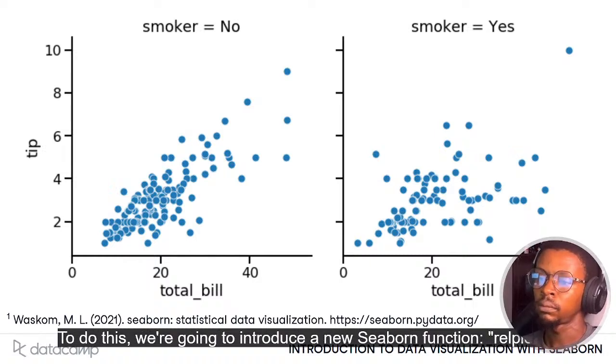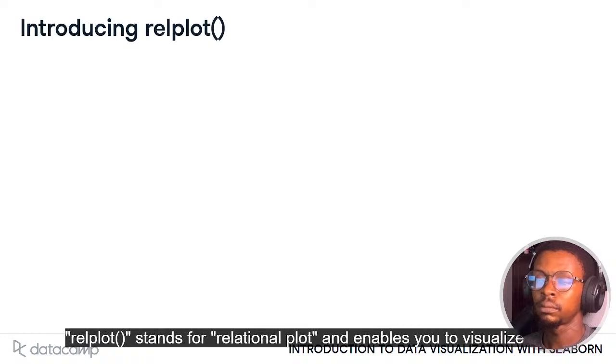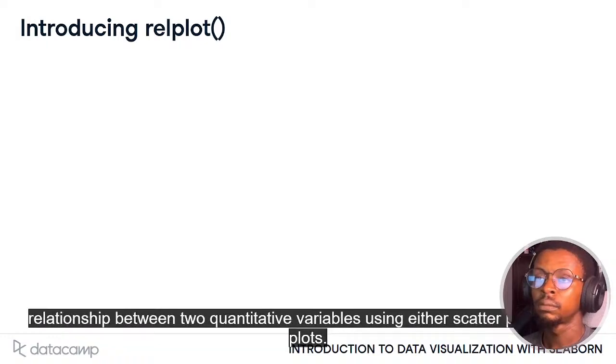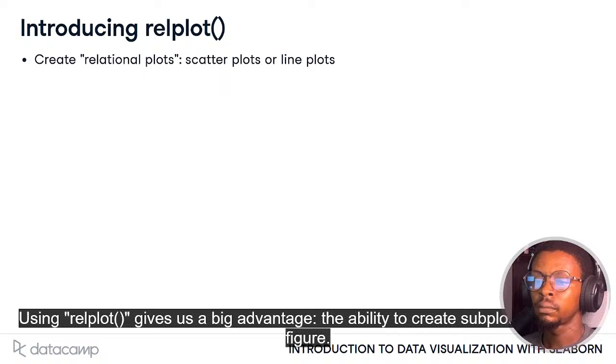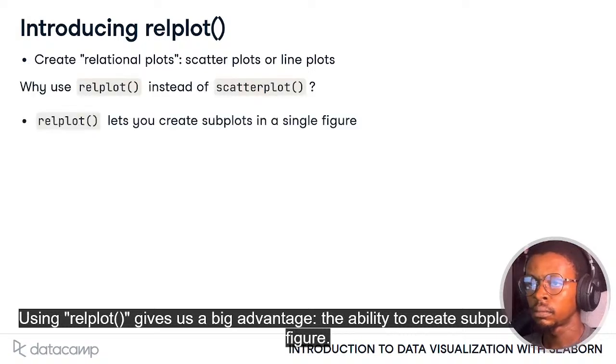To do this, we're going to introduce a new Seaborn function, relplot. Relplot stands for relational plot and enables you to visualize the relationship between two quantitative variables using either scatter plots or line plots. You've already seen scatter plots, and you'll learn about line plots later in this chapter. Using relplot gives us a big advantage: the ability to create subplots in a single figure.